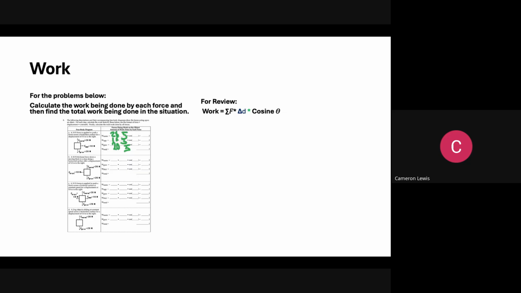So remember our unit circle. 0, 90, 180, 270, right?